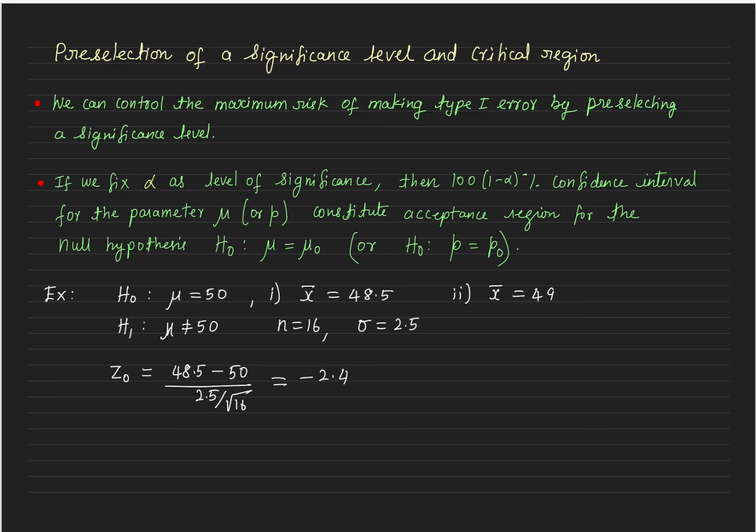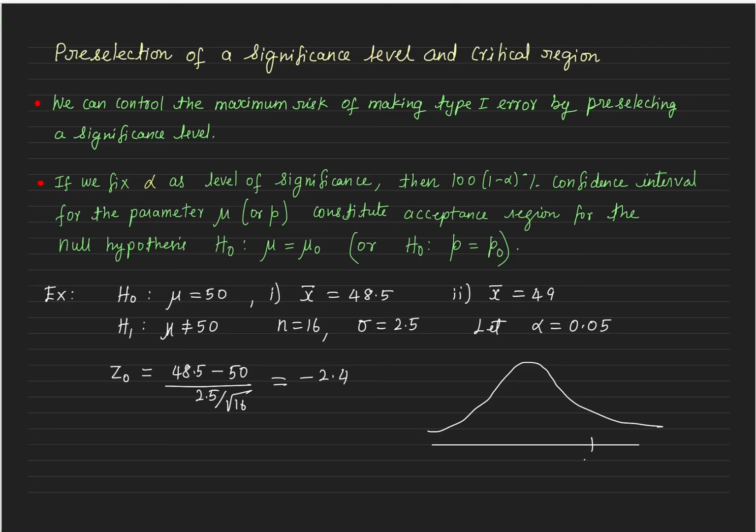Now I fix alpha. Let alpha be equal to 0.05. If alpha is 0.05, then the acceptance region is the 95% confidence interval for this parameter mu, right? Let me draw the picture of this.